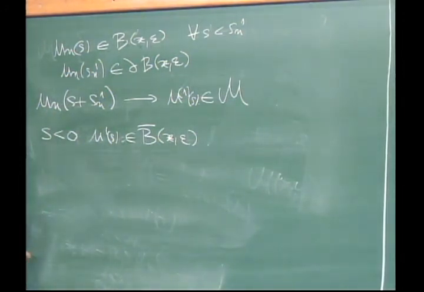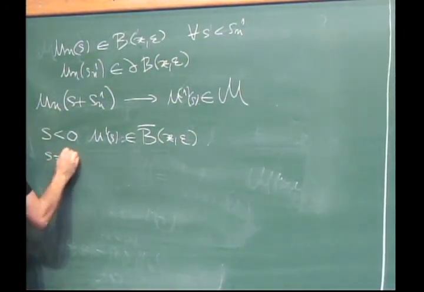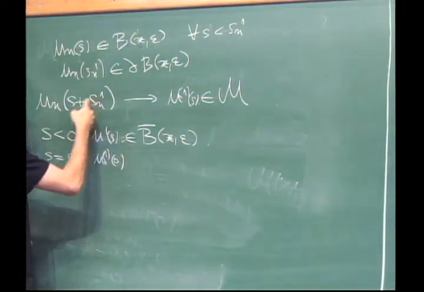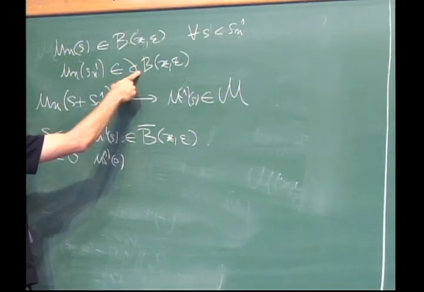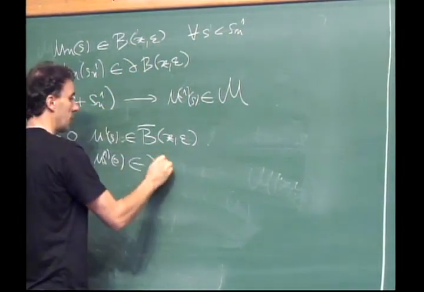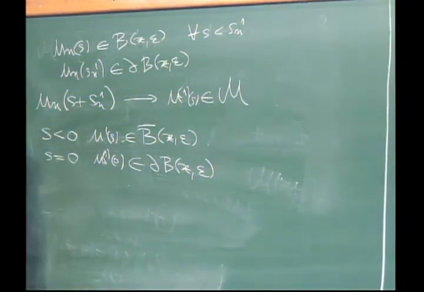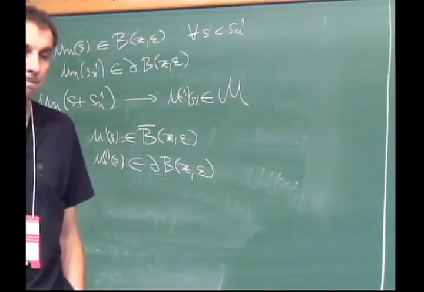And then again, for S equal to 0, U1(0) is a limit of elements which are on the boundary, so it belongs to the boundary. Okay.